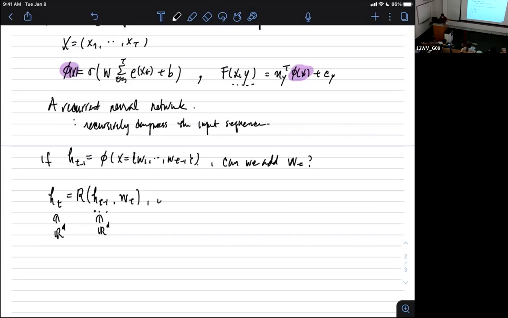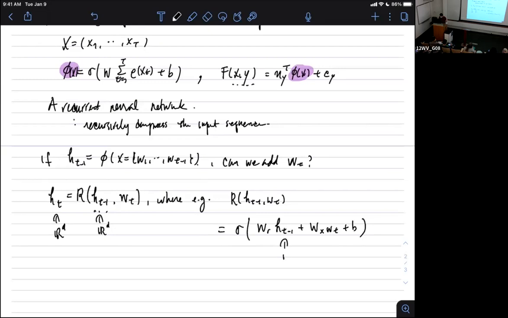It is a very simple neural network, such as R(HT-1, WT) is some sigmoid. So we're going to make it nonlinear: a pointwise nonlinear function applied to the affine transformation of the input. I'm going to use WR to indicate this recurrent weight matrix times HT-1, plus WX, where X indicates that it's the input weight matrix, times WT, plus some bias.